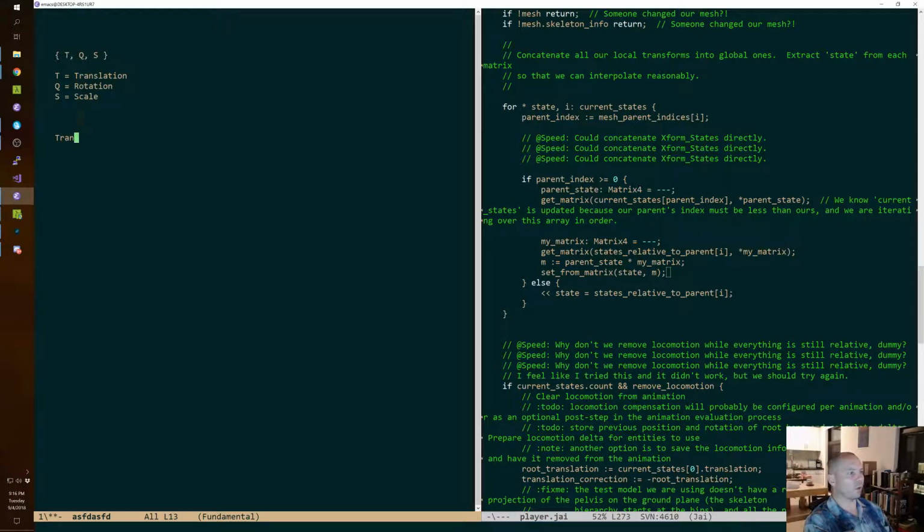Okay, translating a vector. You just add t to the vector. Scaling a vector, you just say s.x times v.x, s.y times v.y, s.z times v.z. But of course it matters whether this scale is supposed to be applied before or after the rotation, because the rotation will change the axes of the scale. I don't honestly remember.